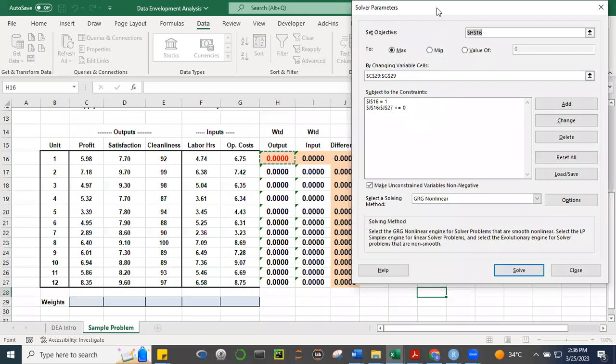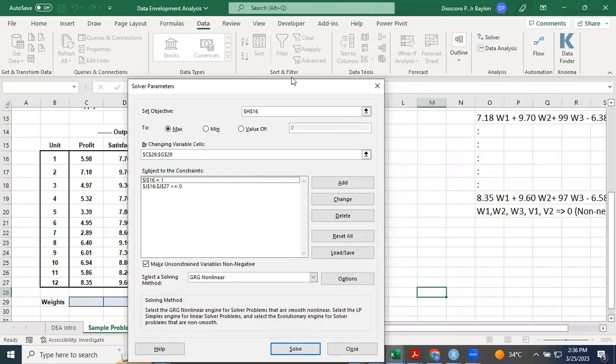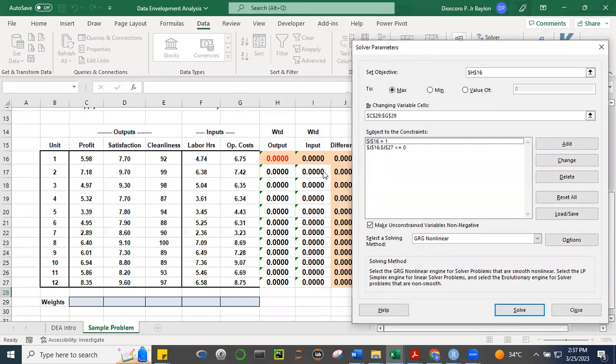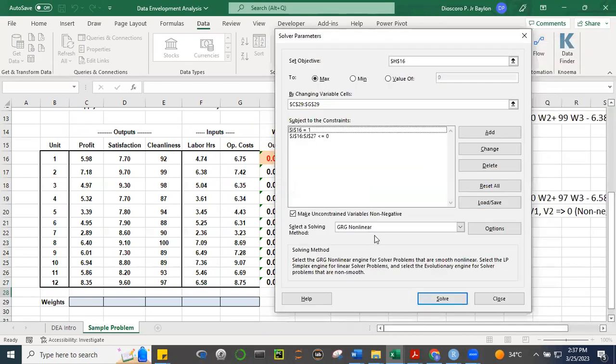Okay, so this is our model, class. Maximize our weighted output. Our weighted input for the unit in consideration is this one. All right, and then the difference should be less than or equal to 0. Okay, since this is linear, I can put here Simplex LP, and then make unconstrained variables non-negative. These are non-negativity.